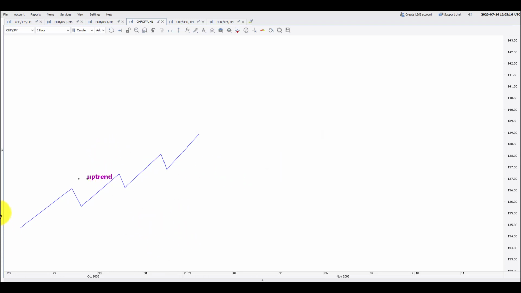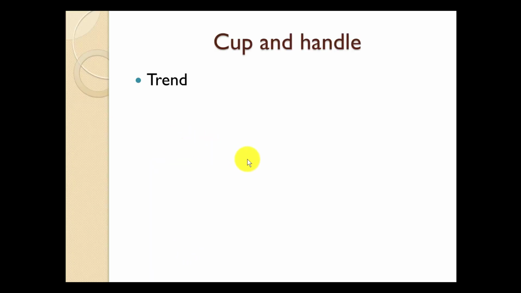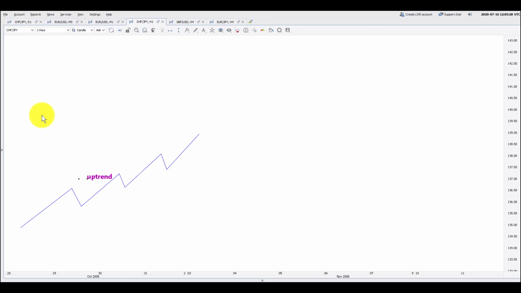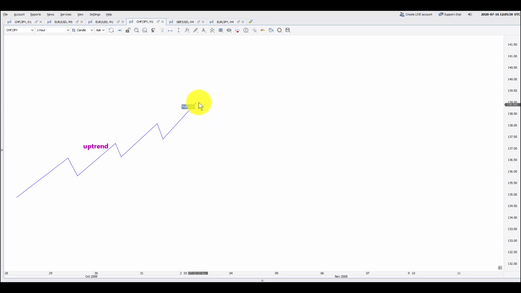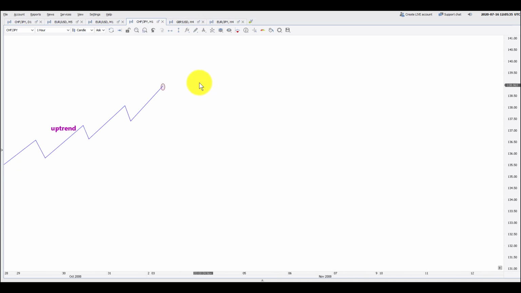So what is the next thing that we need to have for a cup and handle? We need to have a cup. Now what is this cup? This cup is actually a decline from the recent high. If this is the recent high, this is a decline from this one. You can see that the price is coming down.